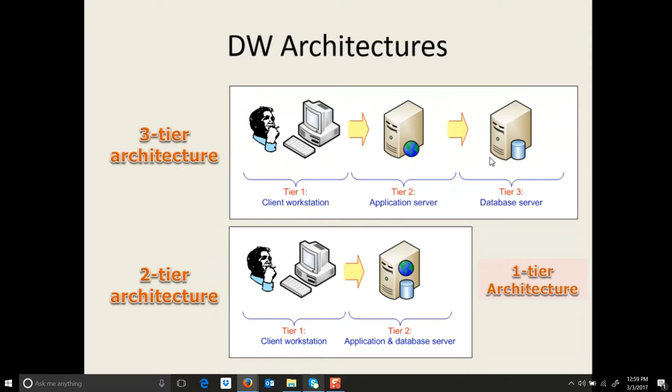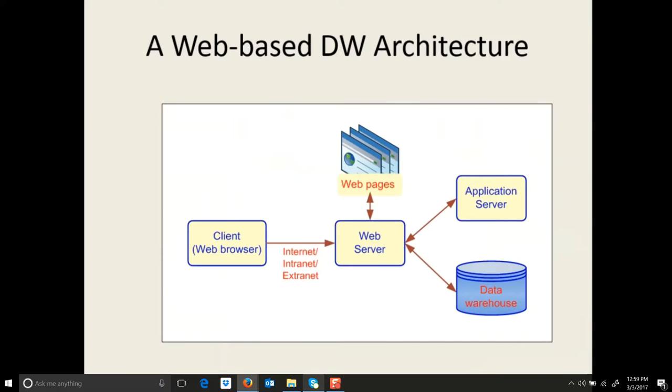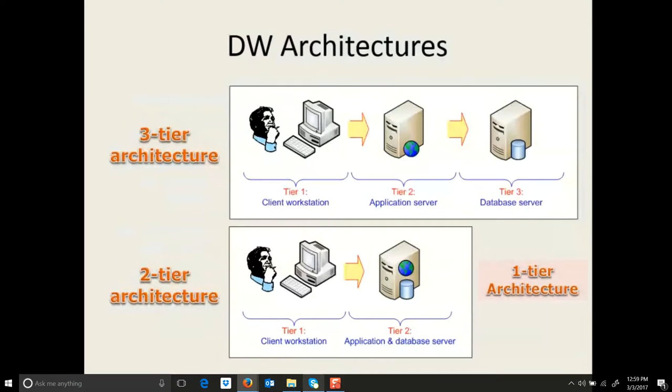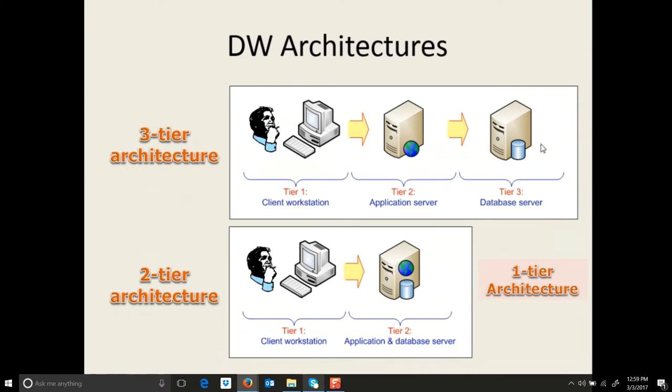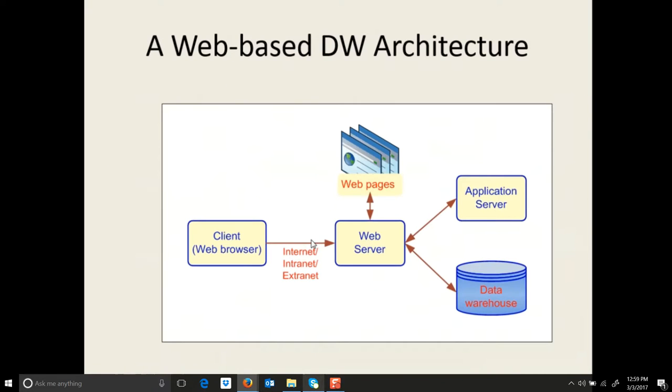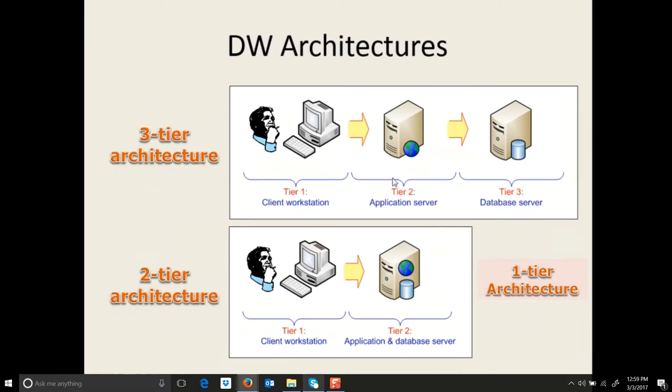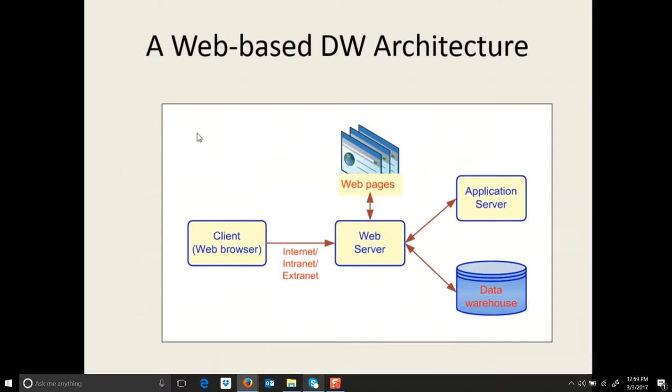The database server's job is only to store data. So this is your basic data warehouse architecture. Web-based architecture is exactly the same at a very simple level. The only difference is that in addition to application servers, since we now have clients coming through the internet or web as well, we add a web server, allowing clients to come via web as well.